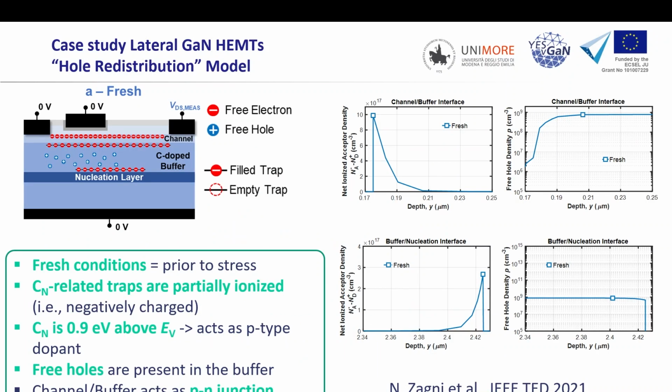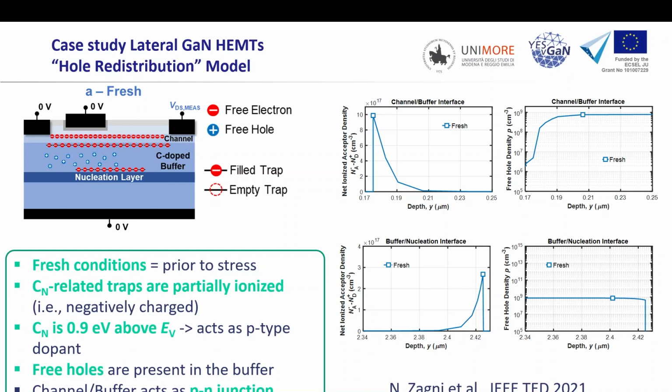You can see here that we try to reproduce the experiments. In this case, we adopted a stress where we applied a negative voltage on the substrate, because from the electrical point of view it is equivalent to keeping the gate below threshold and having a large voltage on the drain, but it makes the whole effect happening in the buffer more uniform. So it's easier to analyze.